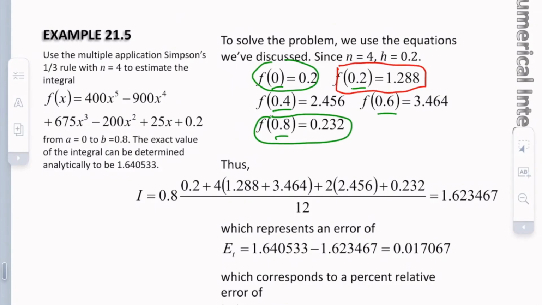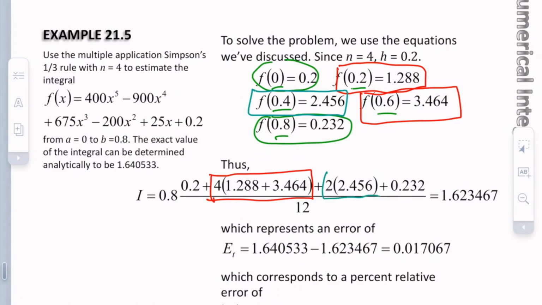These are our odd terms. So we add them up and multiply by 4, as shown. This is the only even term, so we multiply that by 2.